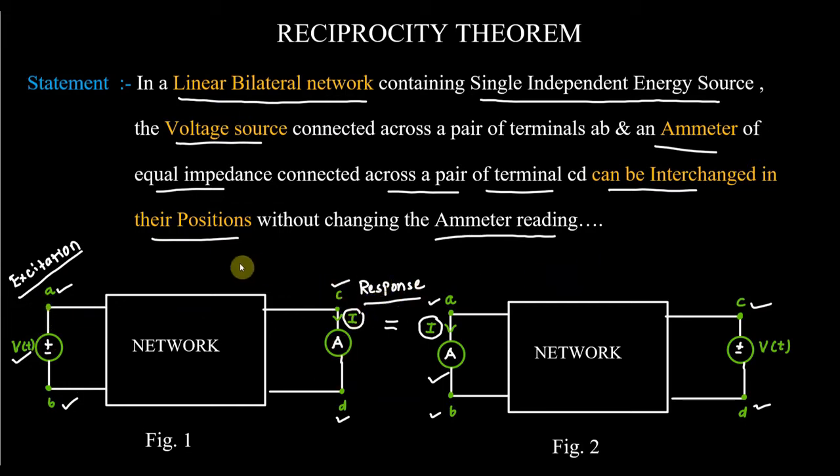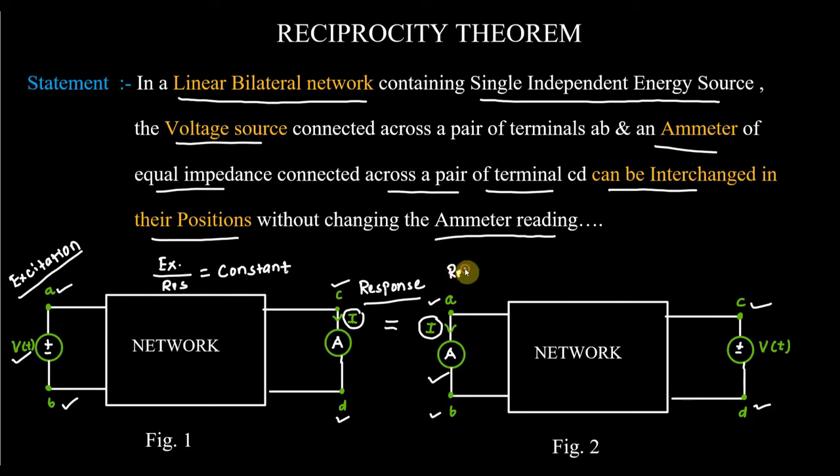The theorem says that in a linear bilateral network, the ratio of excitation to response is constant. What I have said is that the ratio of excitation and response is constant when we interchange the positions of response and excitation.